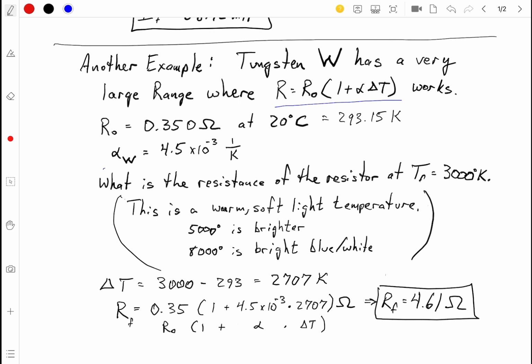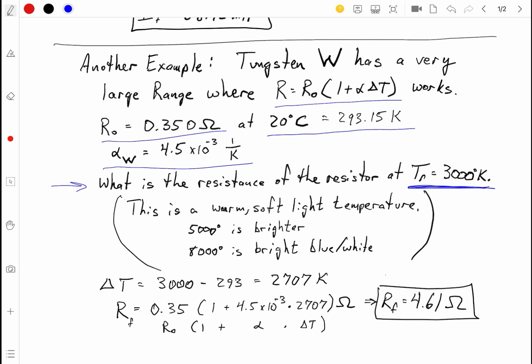So what are those numbers? For tungsten, we're starting out at 20 degrees C, which is 293.15, and our initial resistance is this. The question is, what is the resistance of the resistor at this temperature?